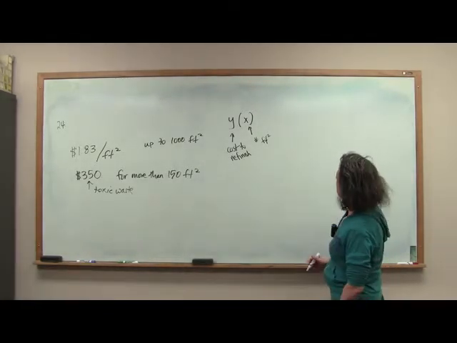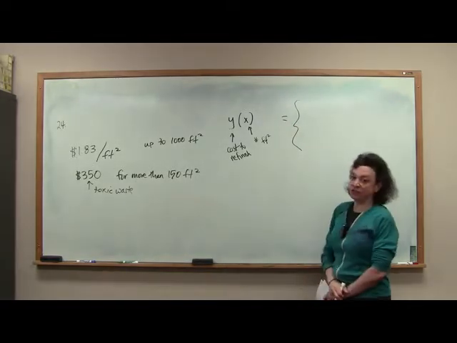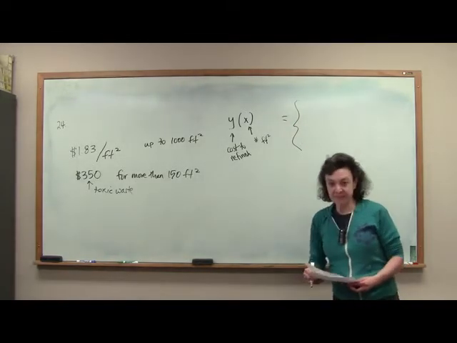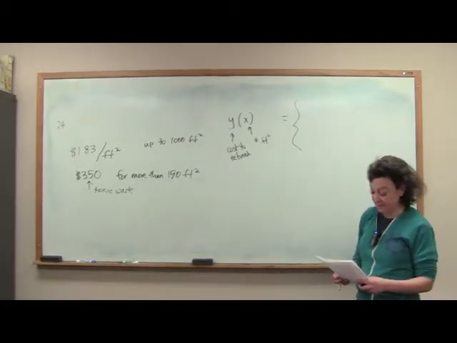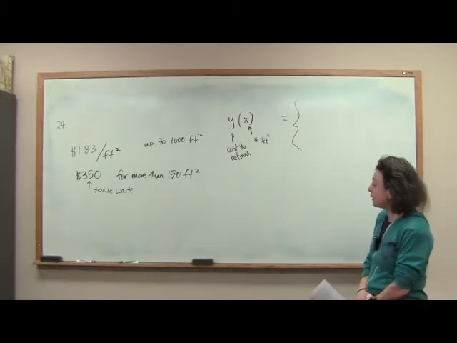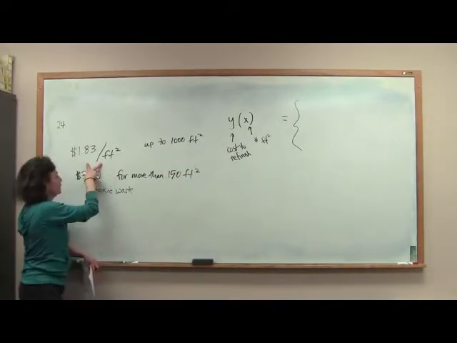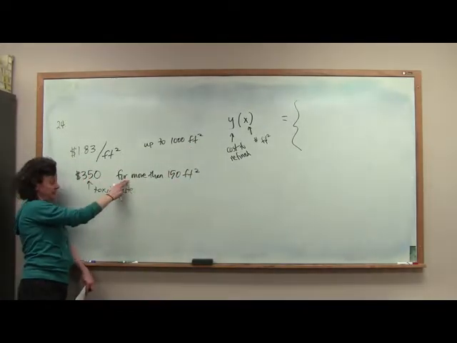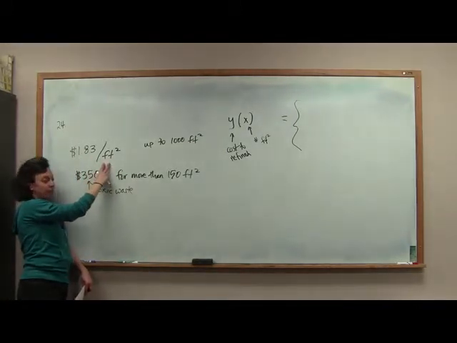Okay? So essentially, we want to write this as a function. I claim this is a classic example of a function defined in pieces. Okay? Notice for up to 1,000 square feet, which certainly includes this, it's $1.83 per square foot.